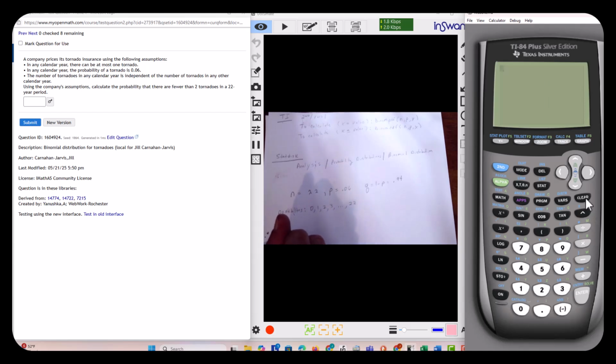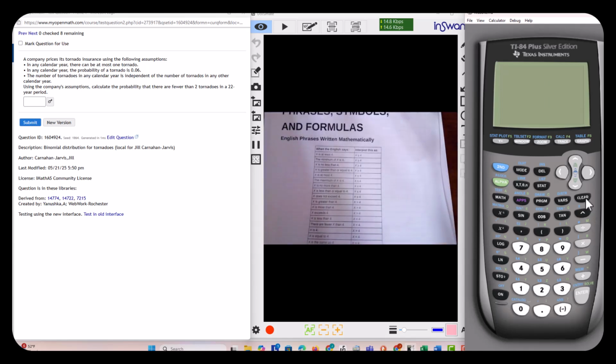So what I want to know is the probability that X is fewer than 2. What does fewer than 2 mean? This is where I would pull out this little thing.